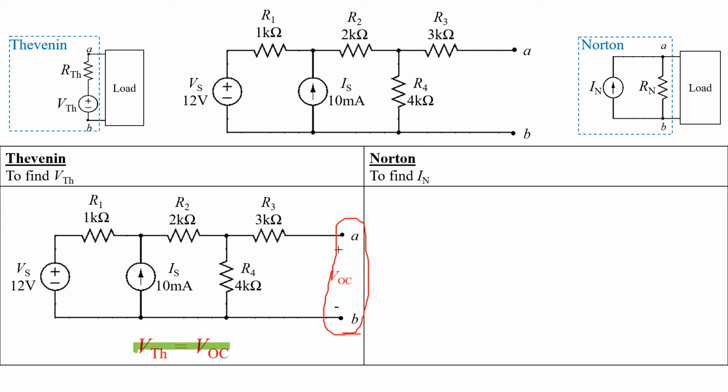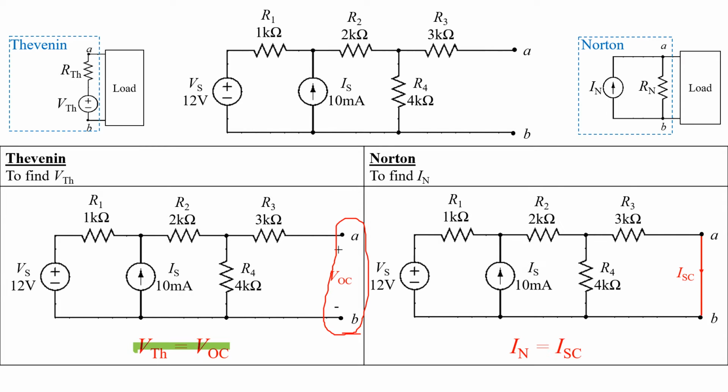To find the Norton current IN, we copy the original circuit but short circuit the terminals A to B. We will have a short circuit current ISC. This ISC is equal to the Norton current IN.